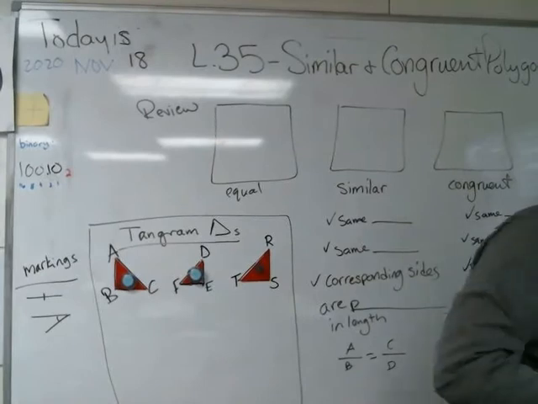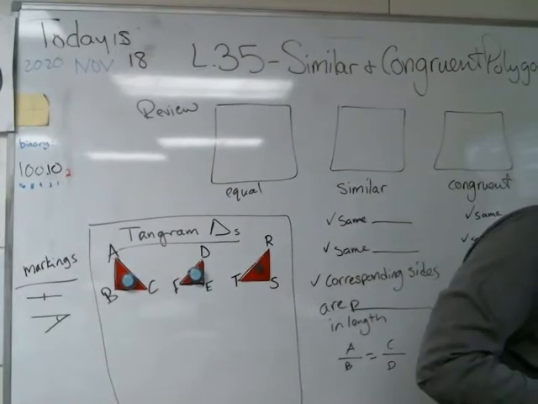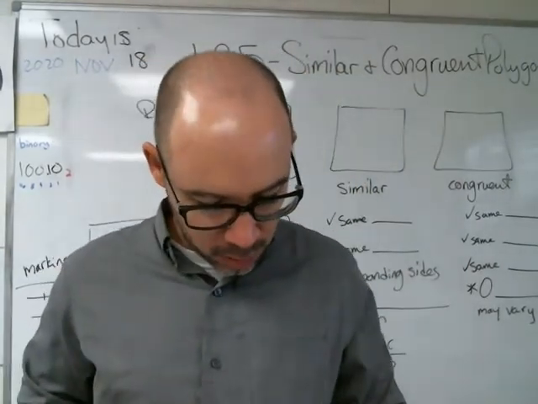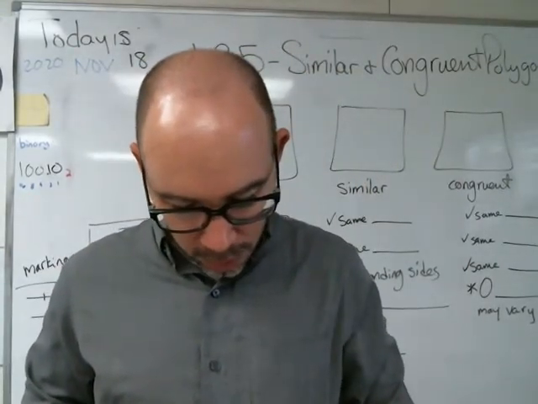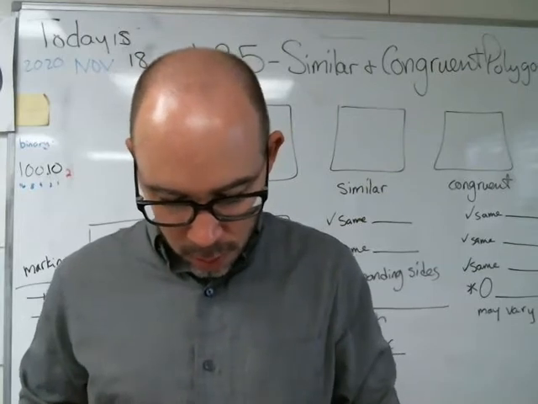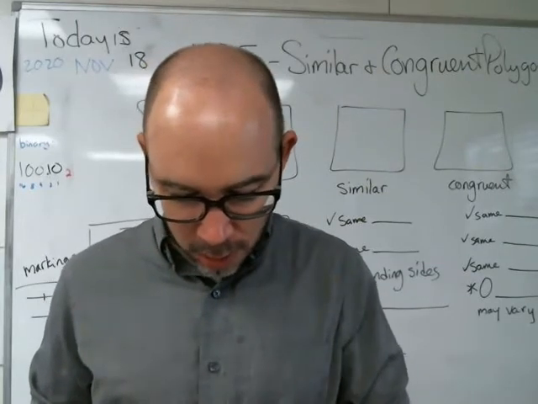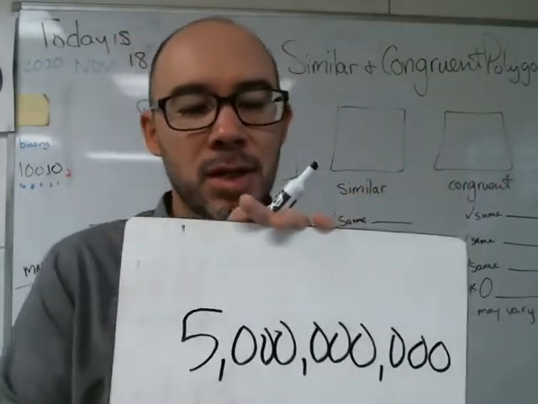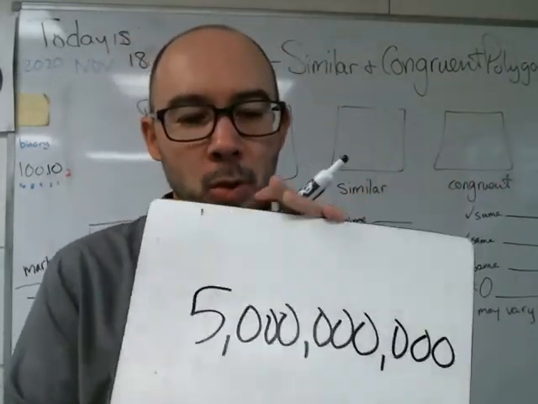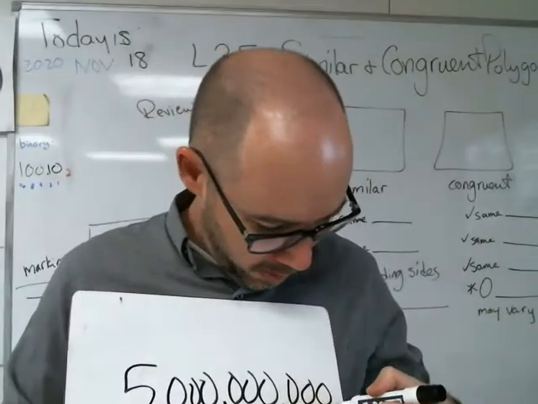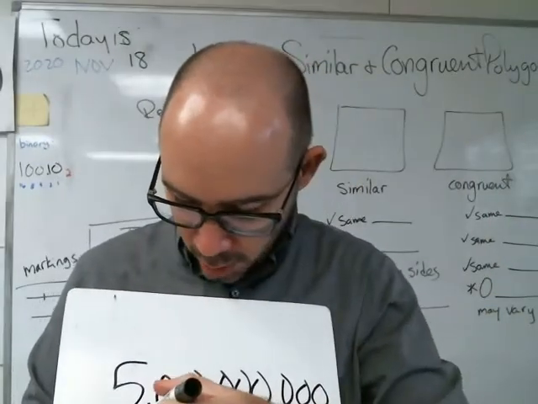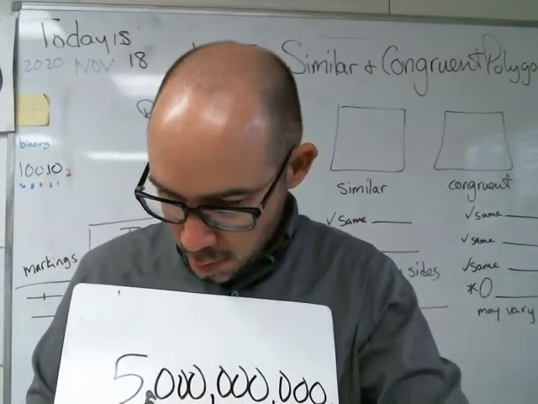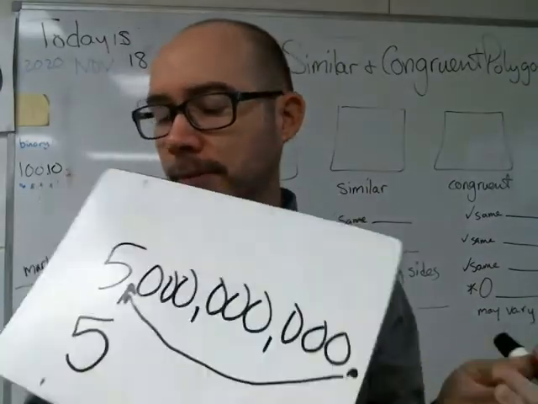Scientific notation. Write 5 billion in scientific notation. It's a lot of zeros. 5 billion. There it is. We want to write that in scientific notation. So we're going to move that decimal point from here all the way to right there so that we have, this is going to be hard, 5.